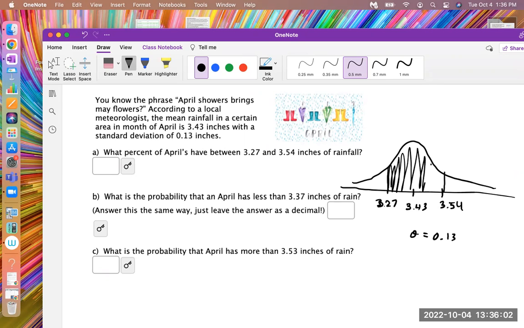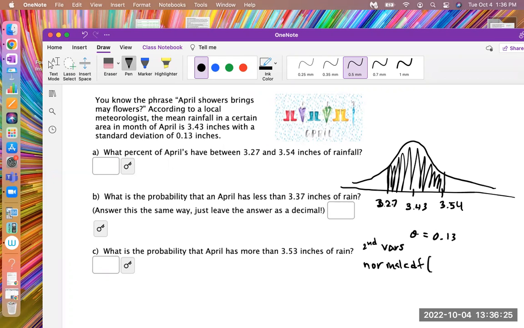To find that area, if you have a TI-84 calculator, you could do normal CDF. You hit the second button and then VARS to get the distribution, and then you do the normalcdf function.